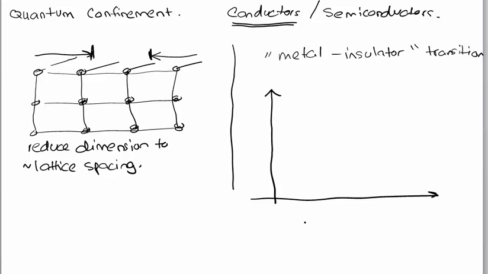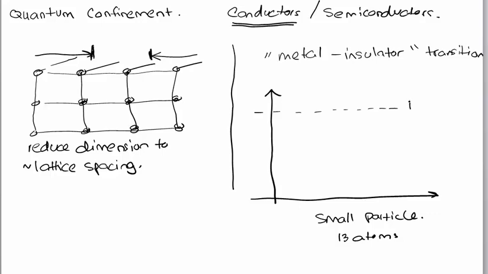Well, if we have a small particle, so instead of a bulk conductor, we have a small particle, say something like 13 atoms. Well then, if we have our Fermi energy here, if we have a very small particle, then we know that the 13 splits from the 13 atoms are distributed between 0 and EF, so on and so forth.